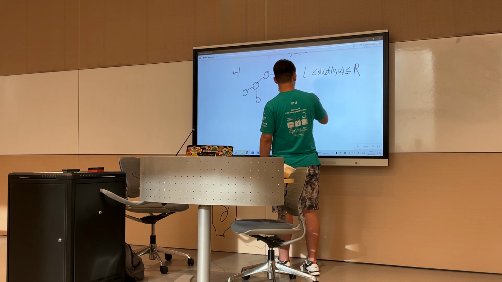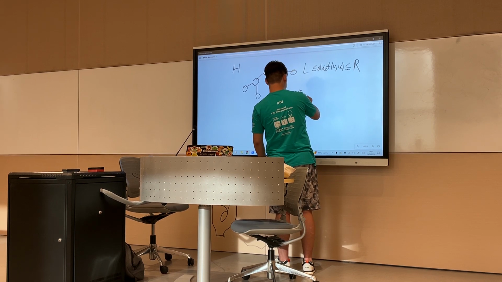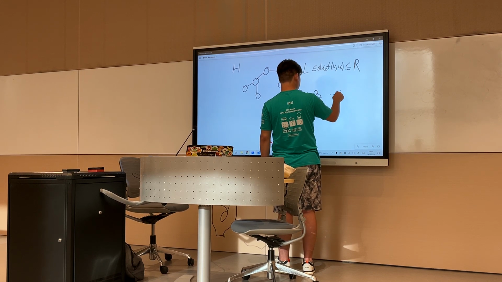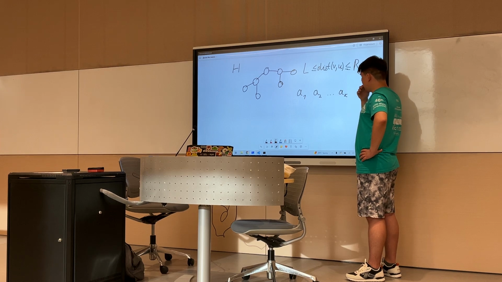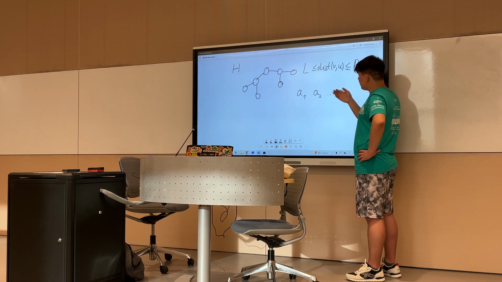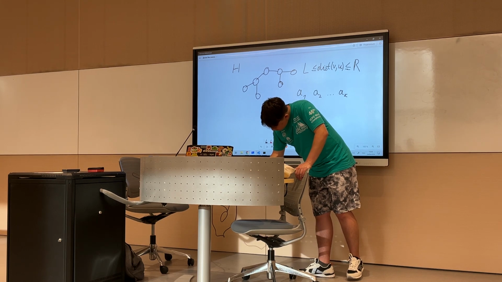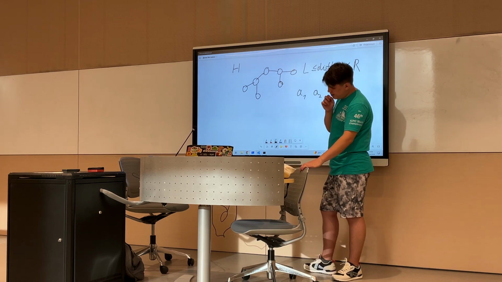Let's imagine that will be A1, A2, ..., AK, the beautifulness of the edges that lie on the path. And the beautifulness of the path will be the median of the sequence.